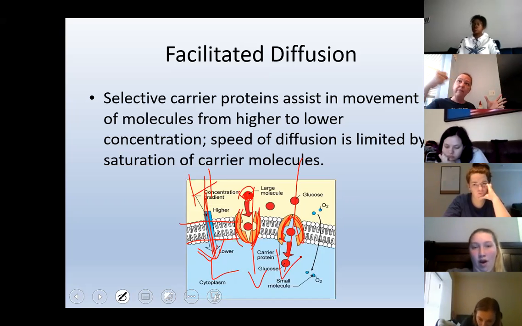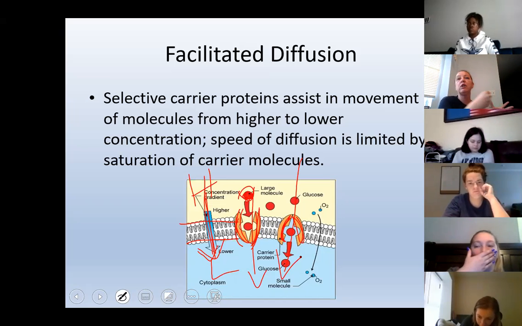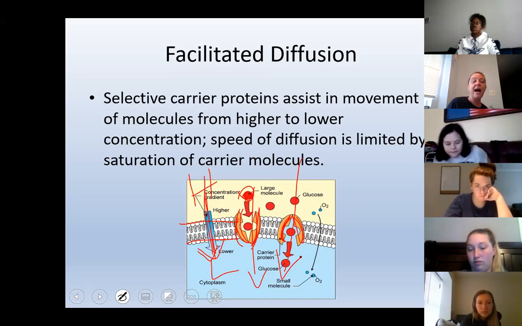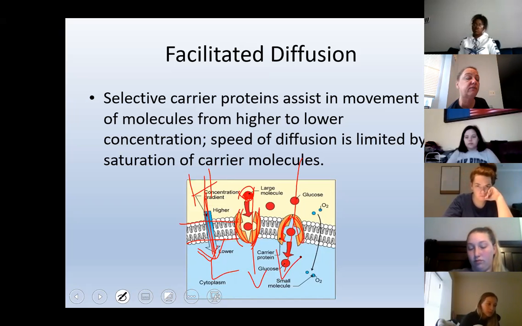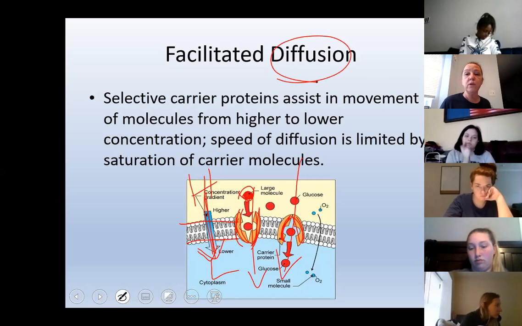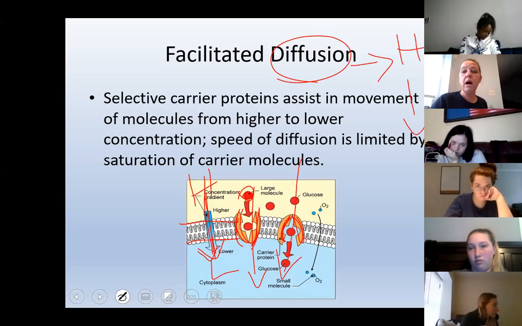So you have to have an opening that you can open and close in order to move you from one side of the wall to the other. That's very similar to this facilitated diffusion. The big thing to remember, though, is whenever we use the word diffusion, we are specifically referring to going from high to low concentration.